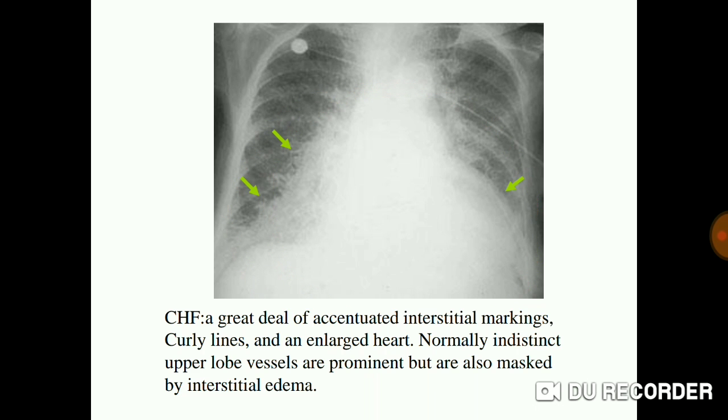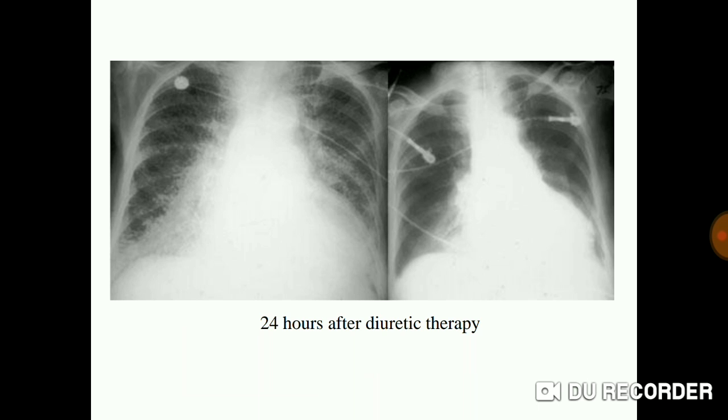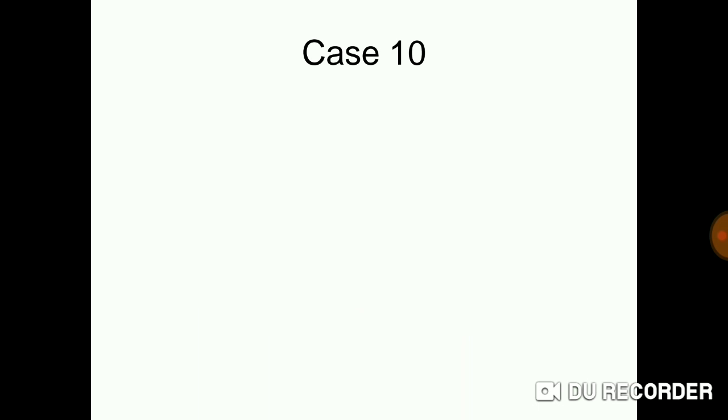Chronic heart failure, a great deal of attenuated interstitial markings, curly lines and an enlarged heart. Normally indistinct upper lobe vessels are prominent but are also masked by the interstitial edema. After 24 hours of diuretic therapy, you can see the difference. Now case 10.